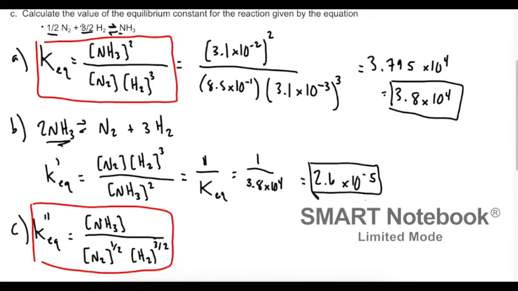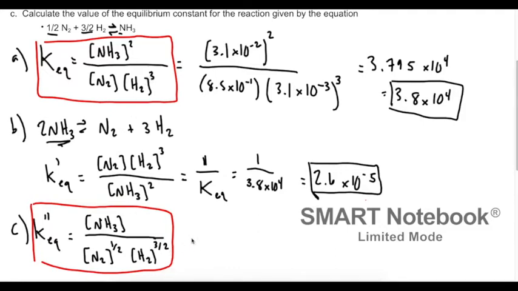It was N2, 3H2, 2NH3. I divided everything by 2, which means that my exponents get divided by 2. The 2 becomes a 1. The 1 becomes a 1/2. The 3 becomes a 3/2. So I have taken every single exponent here and divided it by 2.